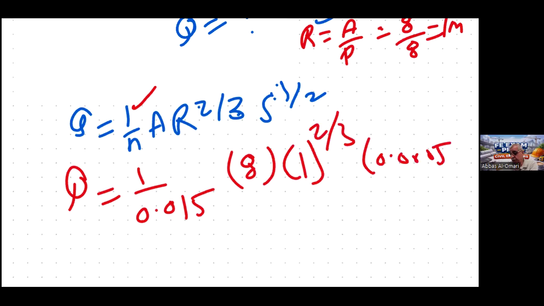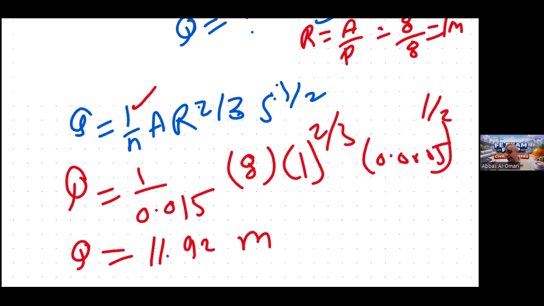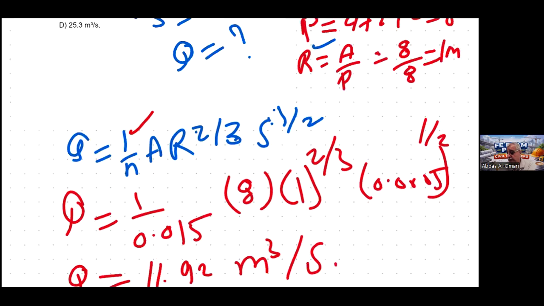If you do the math, you will get Q equals 11.92 cubic meters per second. So this is the solution to the problem. It's a direct application of the Manning equation. So the correct answer is A.